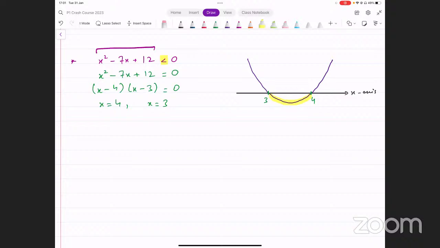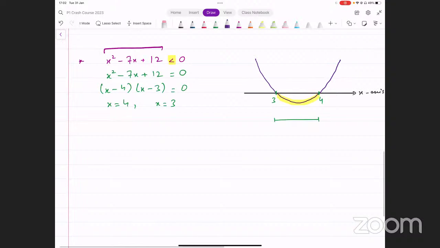All right. Now, what are the values of x that satisfy this condition? On the x-axis, you can see the values are between 3 and 4. This is the region that you've got on the x-axis for this. So how do you write down the answer for this? You say x is between 3 and 4 like this.